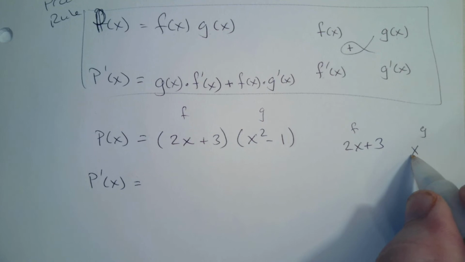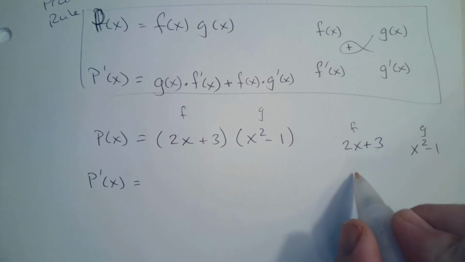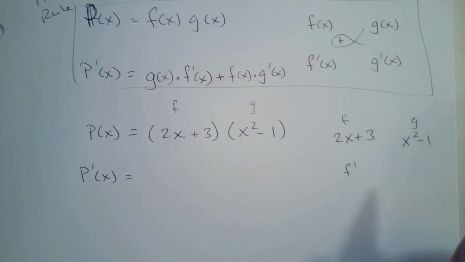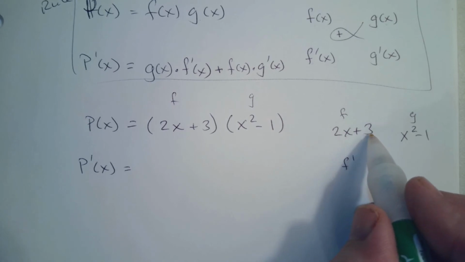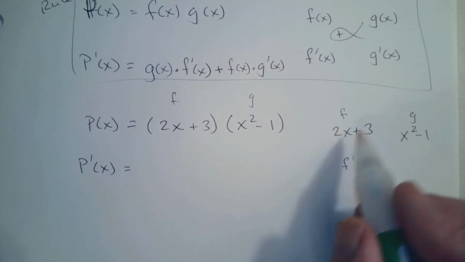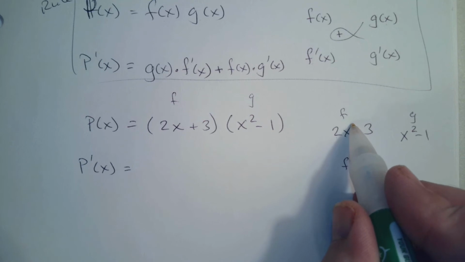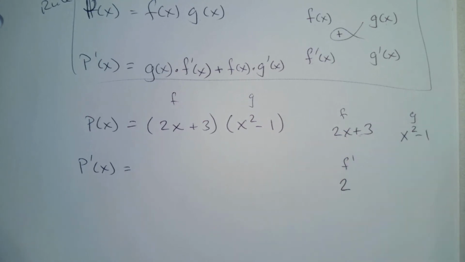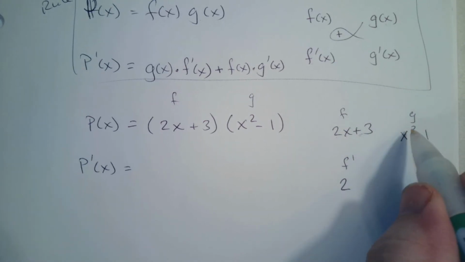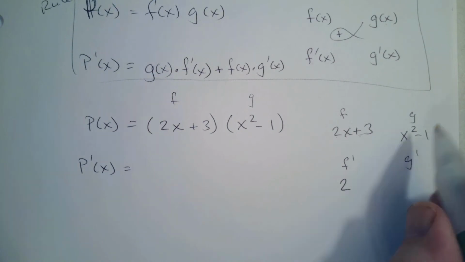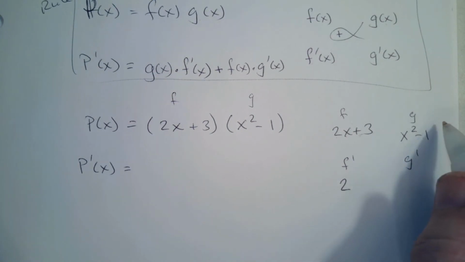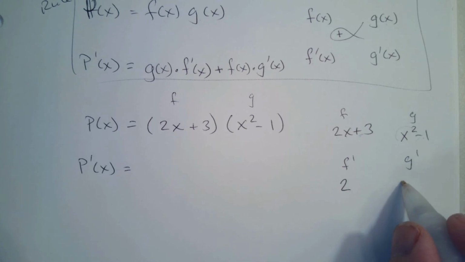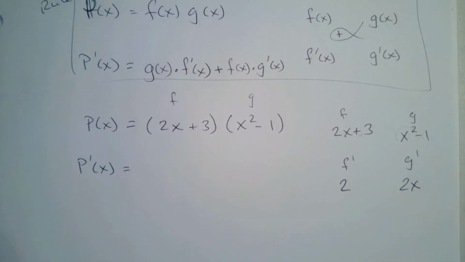G is x squared minus 1. F prime, the derivative of this. The derivative of a constant is 0. That's only the power 1. This one becomes 2. Now the derivative of g. The constant disappears. The 2 comes on front. And there's that derivative.